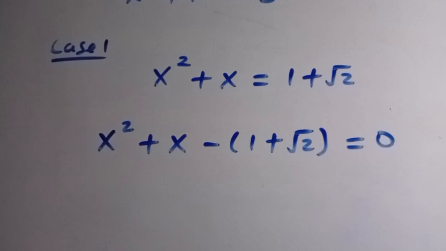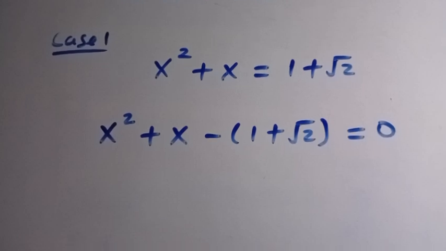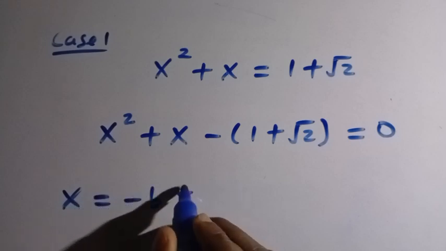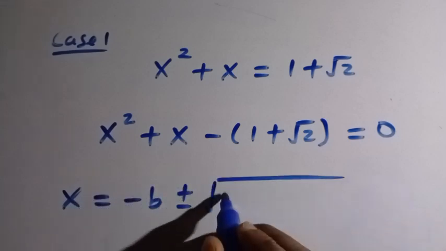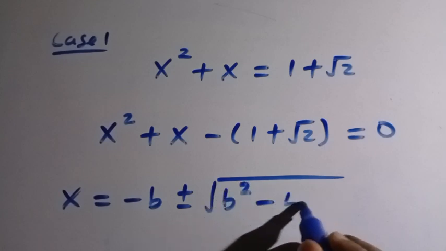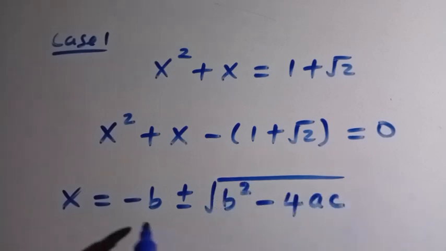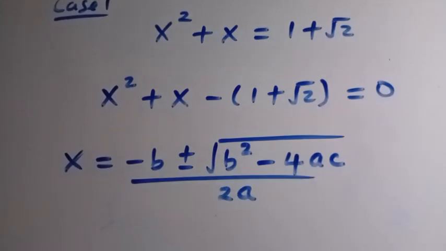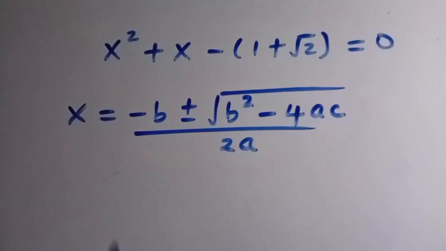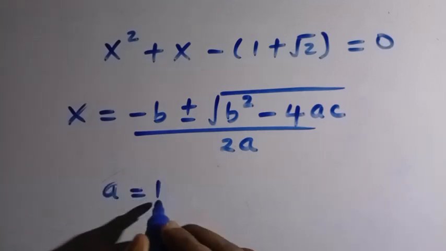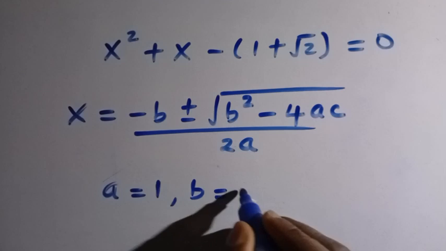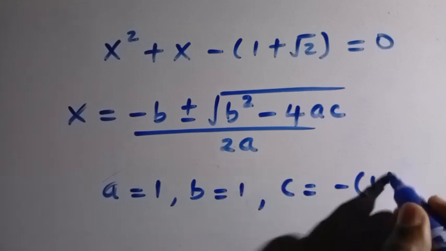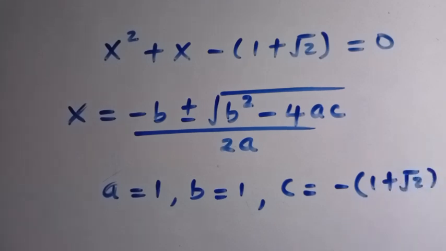Then this is a quadratic actually, and we are going to solve it using x equals minus b plus or minus the square root of b squared minus 4ac, divided by 2a. So the value of a here equals 1, b equals 1, and c equals minus open bracket 1 plus root 2.